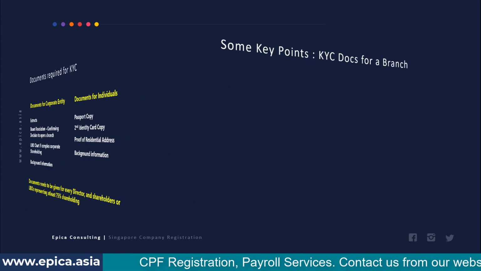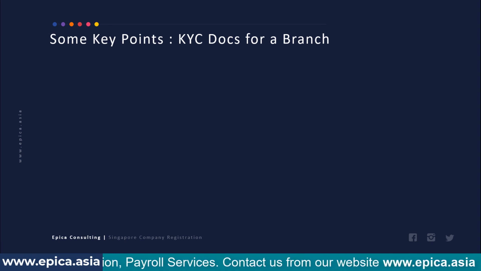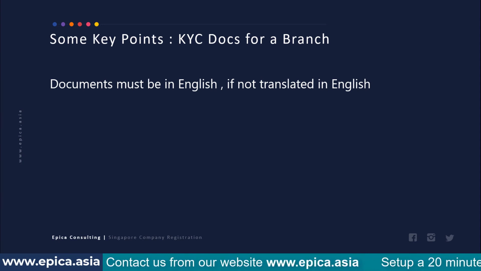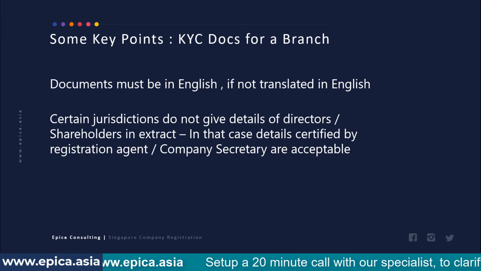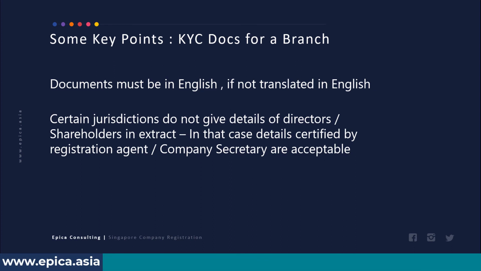There are two more points to keep in mind regarding KYC documents for a branch. The first is that documents must be in English, and if they are not in English, they must be translated into English. The second is that certain jurisdictions do not give details of directors and shareholders in the extract. If you get an extract from them, it will only mention the company details.